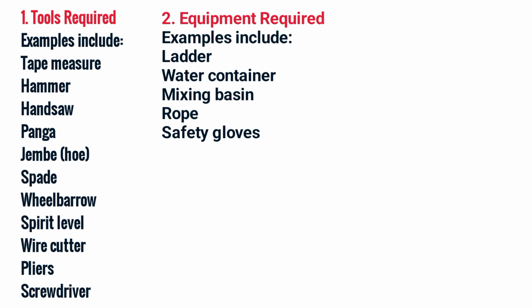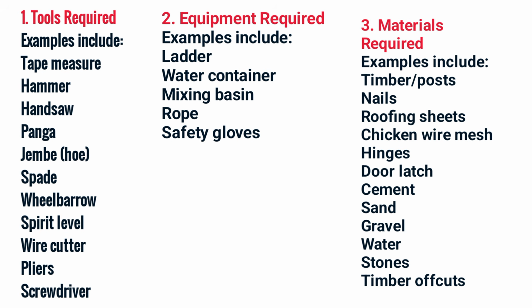From there, we have the materials required. Under the materials required, we have timber or post, nails, roofing sheets, chicken wire mesh, hinges, door latch, cement, sand, gravel, water, stones, and timber cuts.